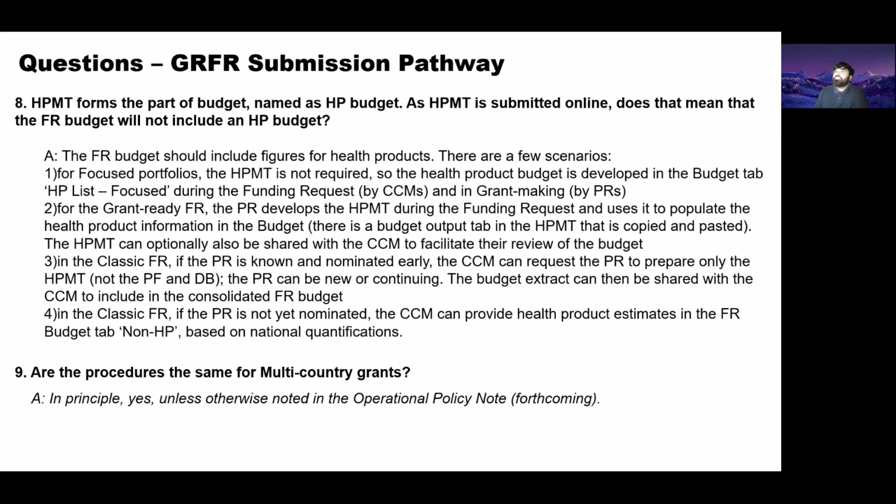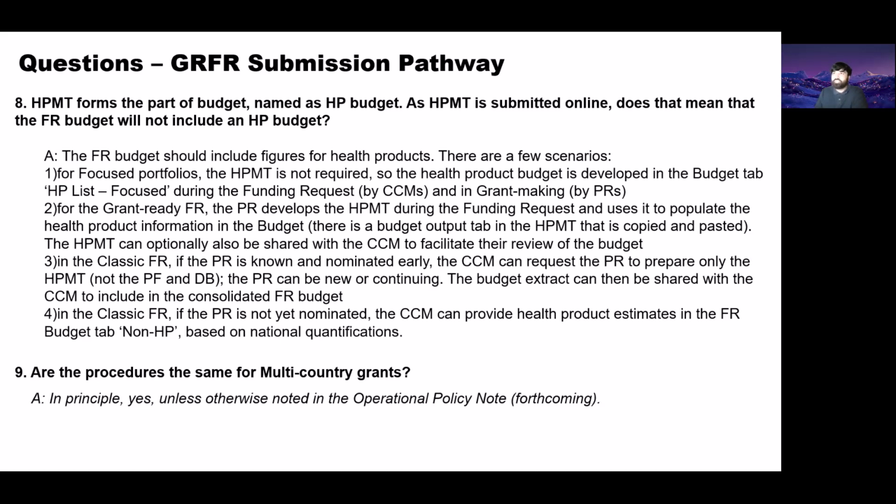Moving forward, we have a question on, again, the HPMT, mentioning that the HPMT forms part of the budget, named as the HP budget. As the HPMT will be submitted online by the PR, does that mean that the funding request budget will not include an HP budget tab? So here we've mentioned that the funding request budget should include figures for health products.